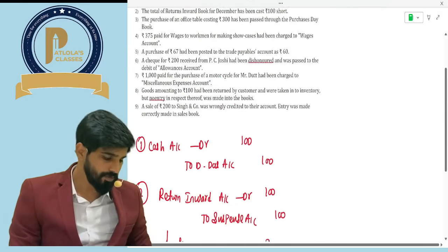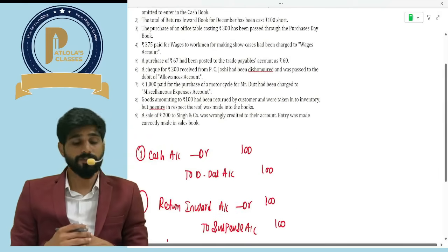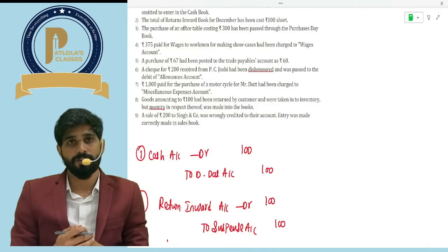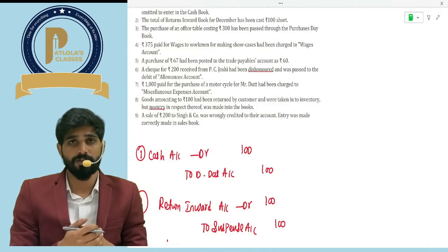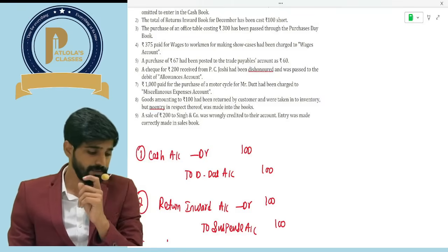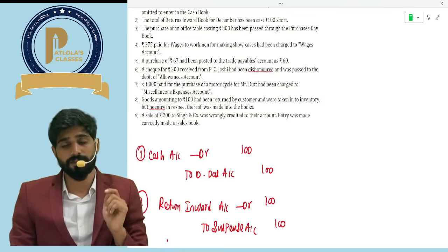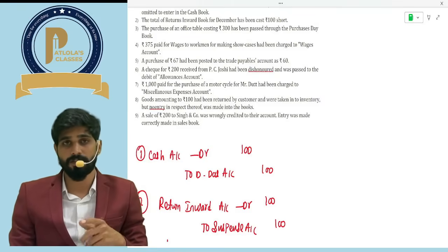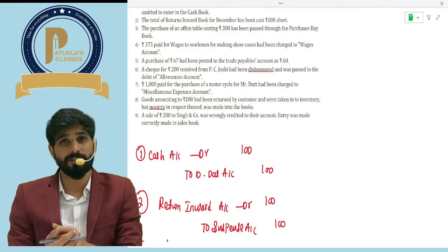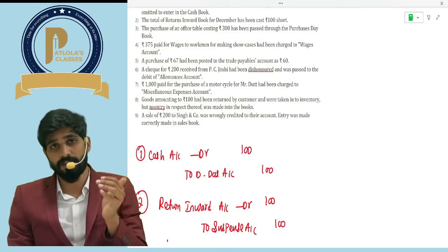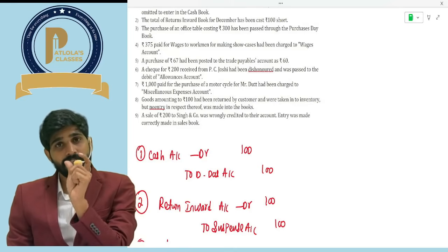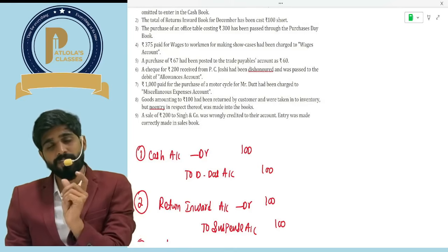Next, coming to the fifth one. A purchase of 67 has been posted to trade payable account as 60. When you purchase something on credit, the entry will be purchases account debit to trade payable. Whereas in trade payable account, instead of taking 67, they have taken only 60. Since trade payable is taken less, trade payable will have a credit balance; 7 is taken less. So your trial balance will not tally. On the credit side, 7 will be less, so we will put that to suspense.